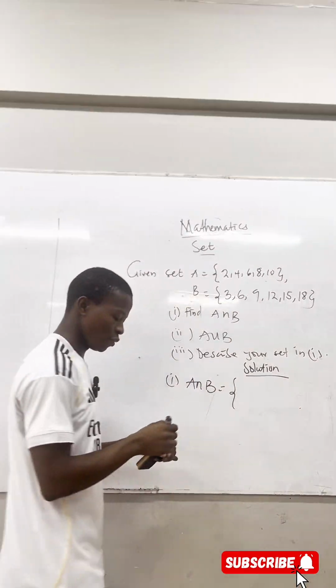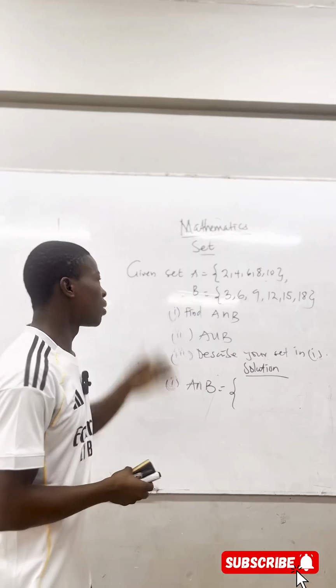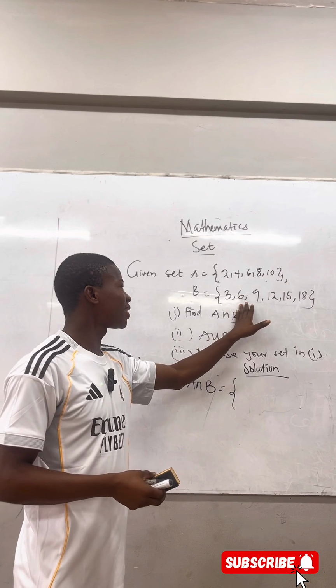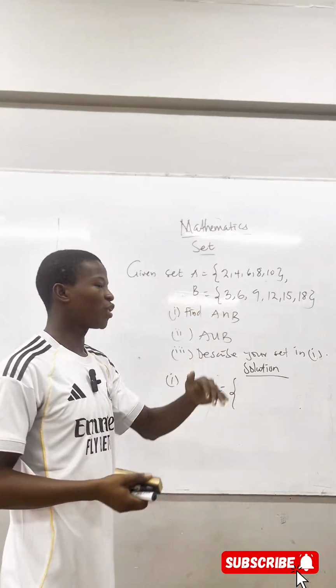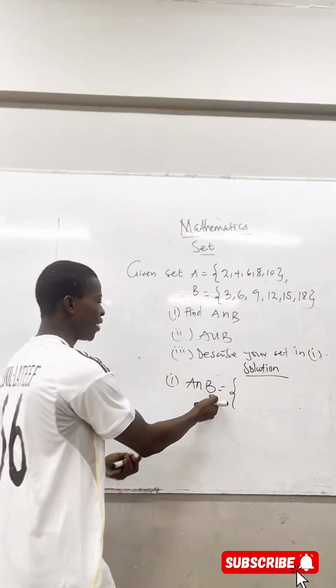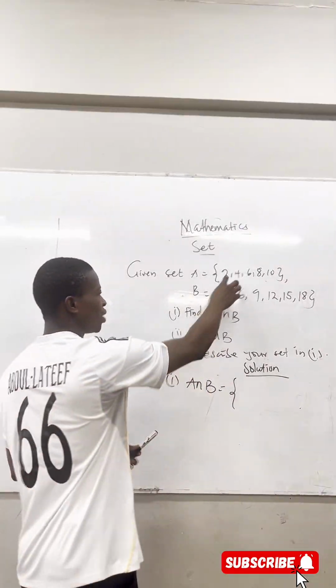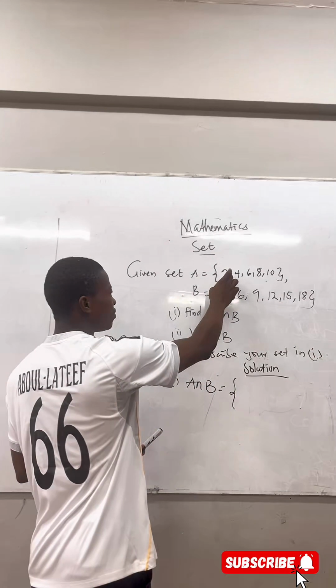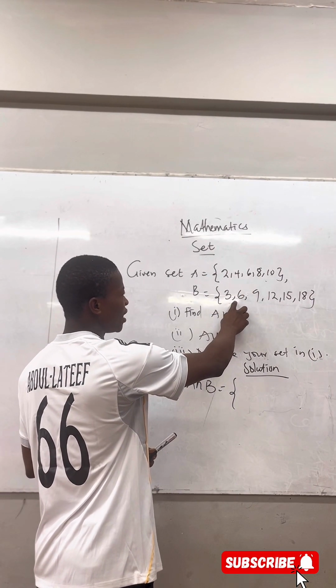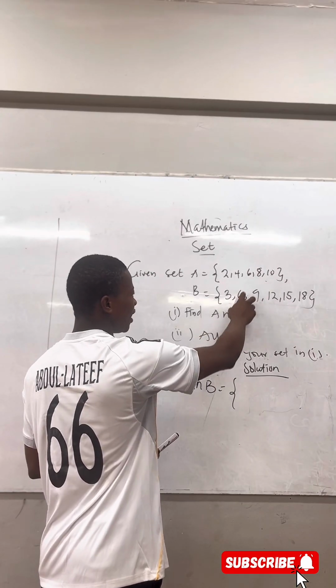A intersection B means what is here in set A and the same members or the same elements are in set B. We have 2 here, we don't have 2 here. We have 4 here, we don't have 4 here. We have 6 here and we have 6 here.